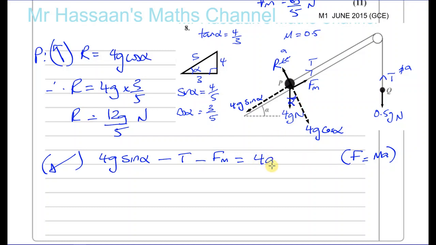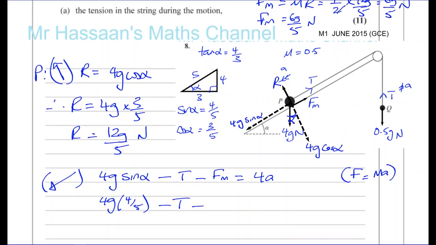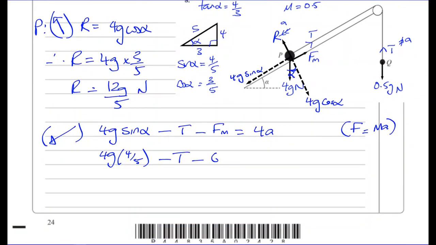It's 4a. Okay, so now we know sine theta is 4/5. So you have 4g times 4/5 minus the tension, which we don't know, minus the maximum friction, which we just worked out up there, which is 6g over 5 newtons, is equal to 4a. So that will give me 4g times 4/5, that's 16g over 5.